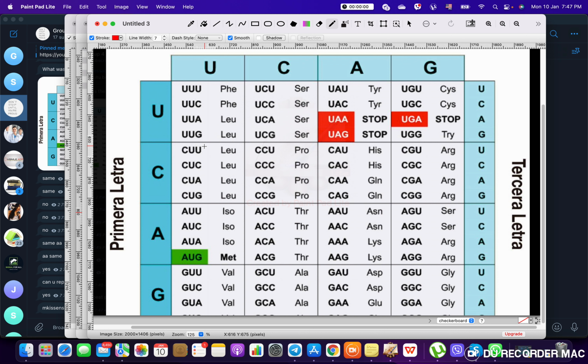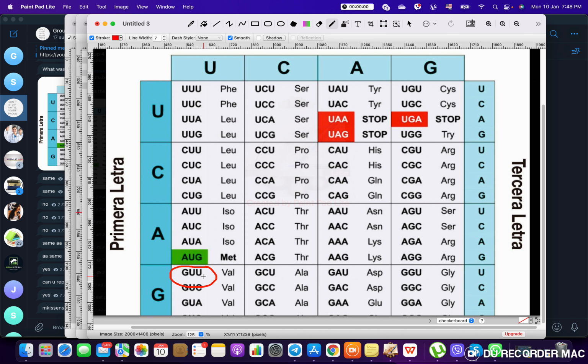So let's say he has, I'm trying to find something that will fit on both of them. So CCU, and then I want another CC.